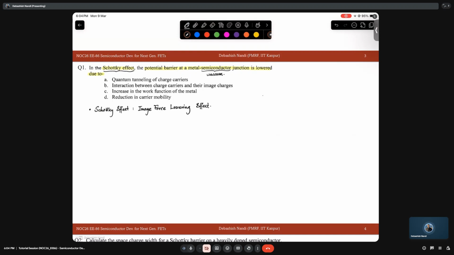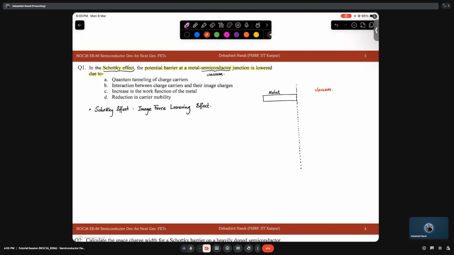So let's say this is a metal, and this is the barrier. This is the junction, or the end of the metal, and then we have vacuum.